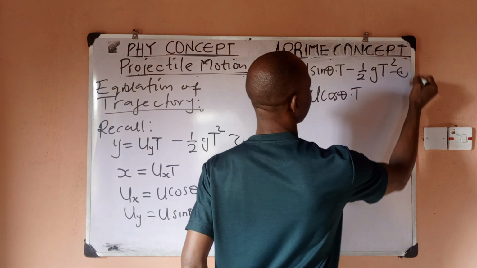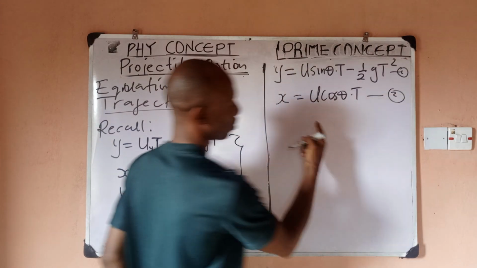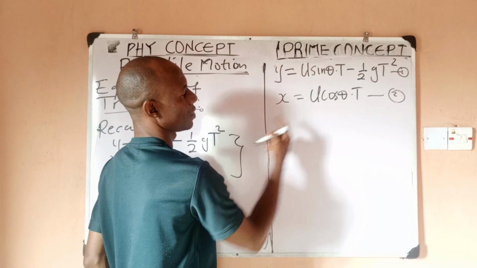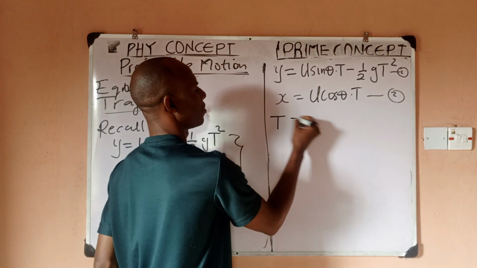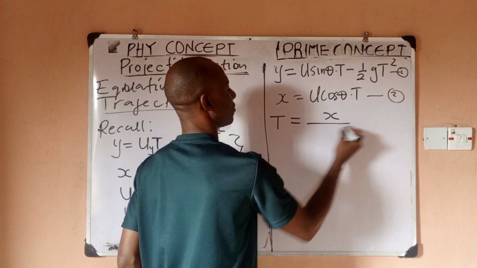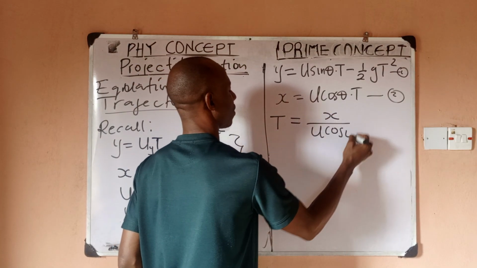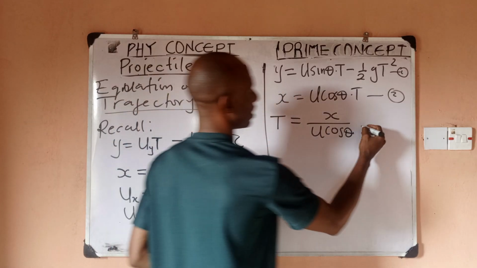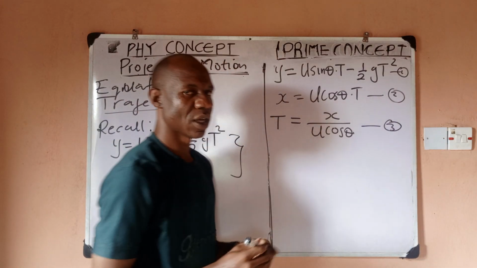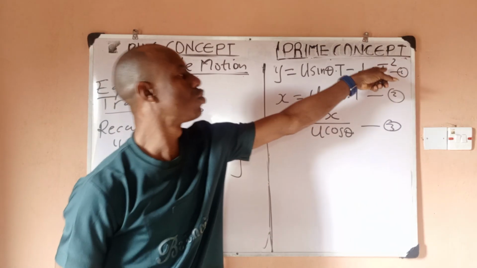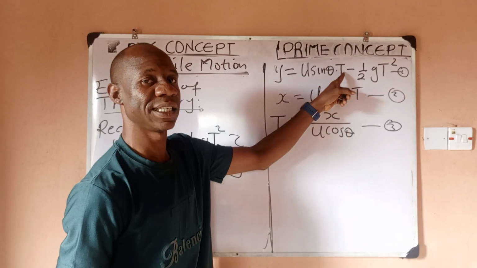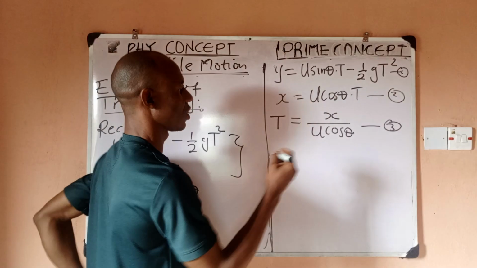Let's call this equation 1, call this equation 2. I want to make t the subject so that t becomes x divided by u cos theta. So this is now equation 3. So I'm going to put equation 3 into equation 1. Wherever I see t in equation 1, I'll put equation 3.